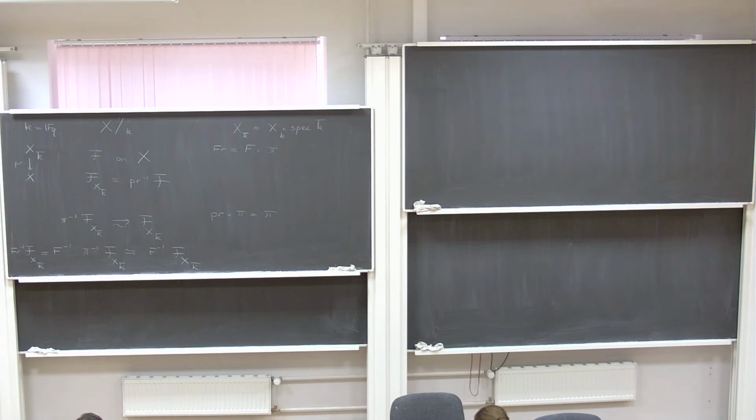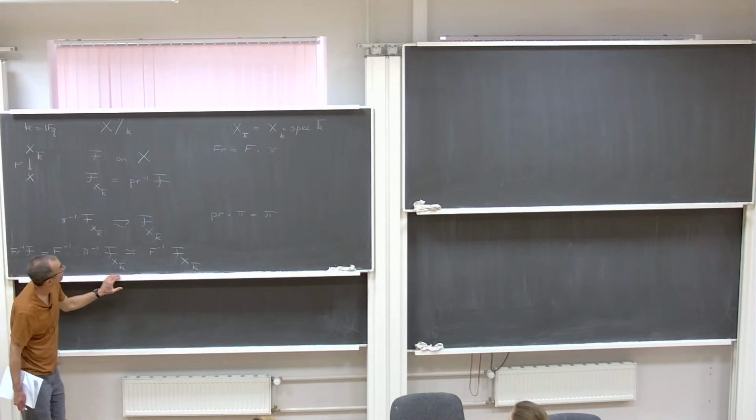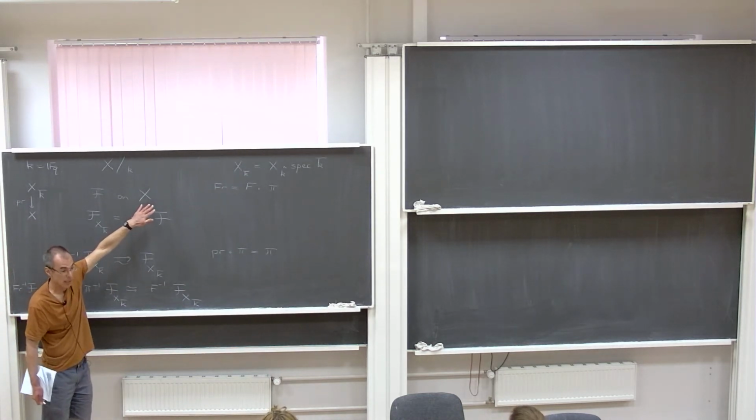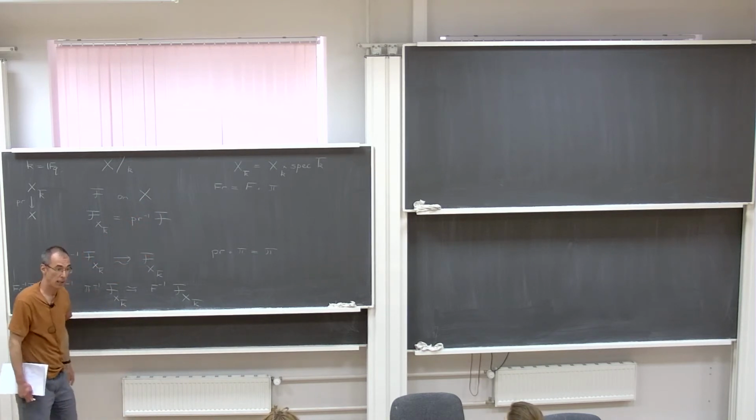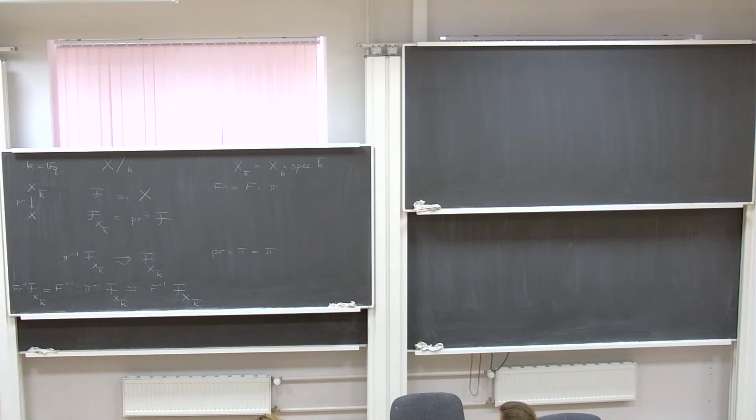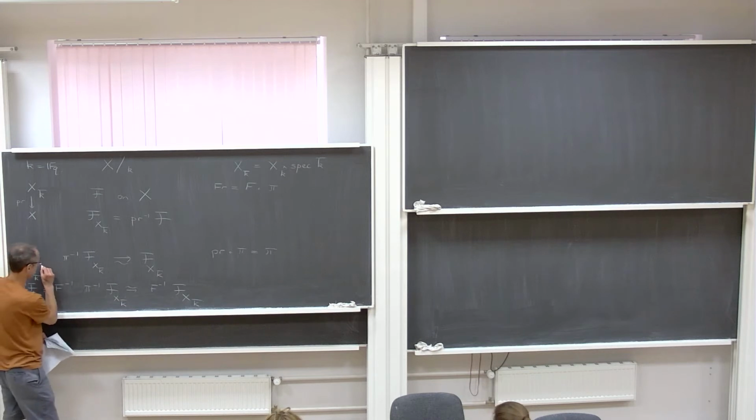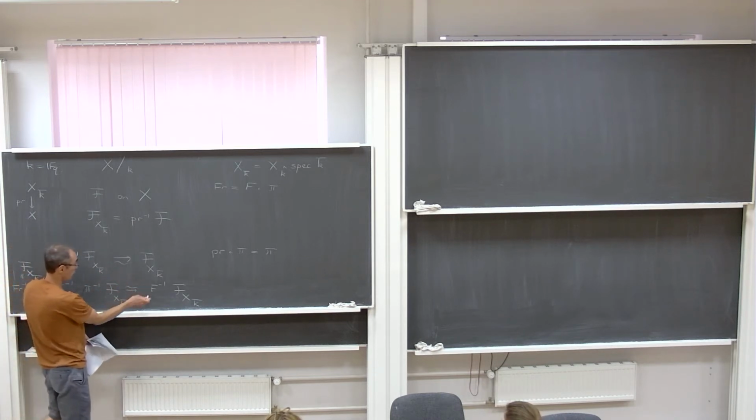And last time we observed that this absolute Frobenius acts trivially on the étale side of any scheme in characteristic p. It takes any étale open set to itself, it's identity. It's isomorphic as a functor on the étale site to the identity functor. And therefore, for any sheaf, this is canonically isomorphic to f_X k bar. So composing these isomorphisms, we get an isomorphism between this sheaf and this sheaf.